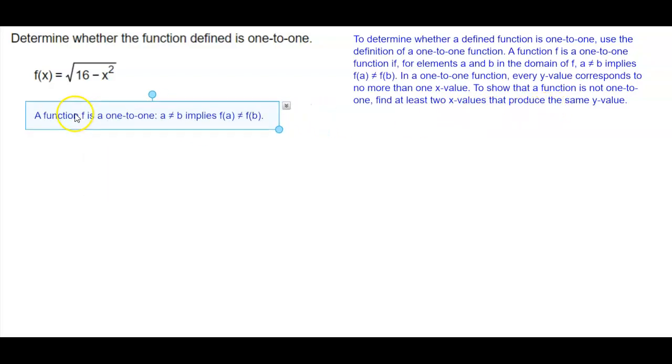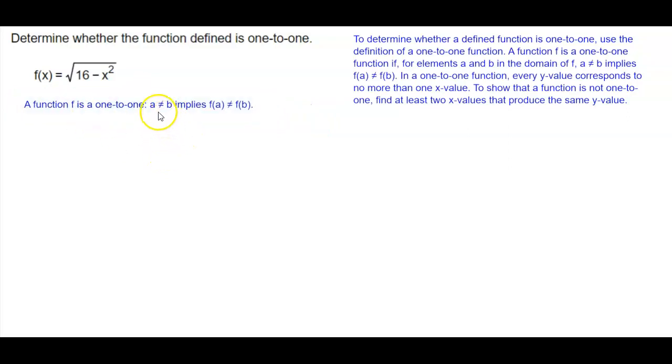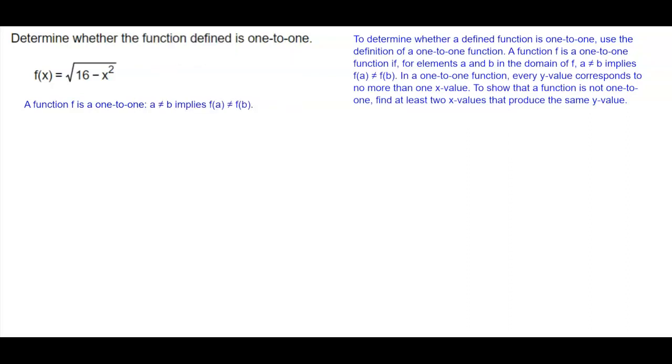Okay, so again, we know that a function f is 1 to 1 if a does not equal b implies that f of a does not equal f of b. So what we're going to do is pick two values for x.